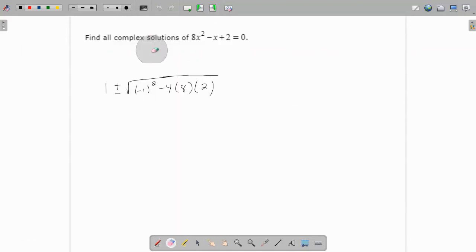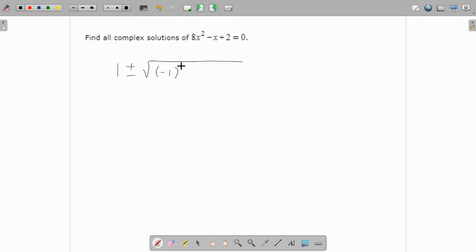Okay, there we go. So negative b, so negative negative 1 is 1, plus or minus the square root of negative 1 squared minus 4 times a, which is 8, times 2, which is c, all over 2 times 8, which is 16.